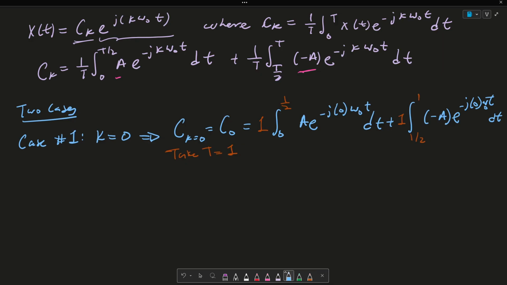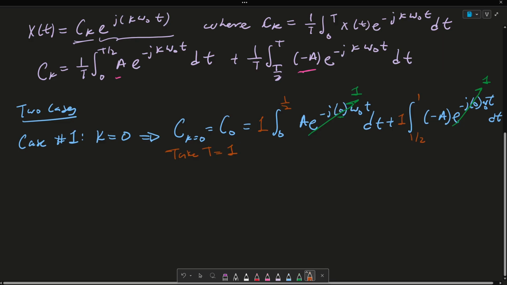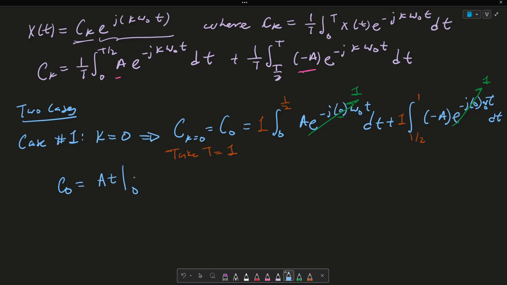All right. So then we can go ahead and integrate this. We notice that there is a 0 here, so this entire exponential term goes to 1, and this entire term goes to 1. So the integral of A dt is just A t. So then c of 0 is simply A t evaluated from 0 to 1/2 plus negative A t evaluated from 1/2 to 1.